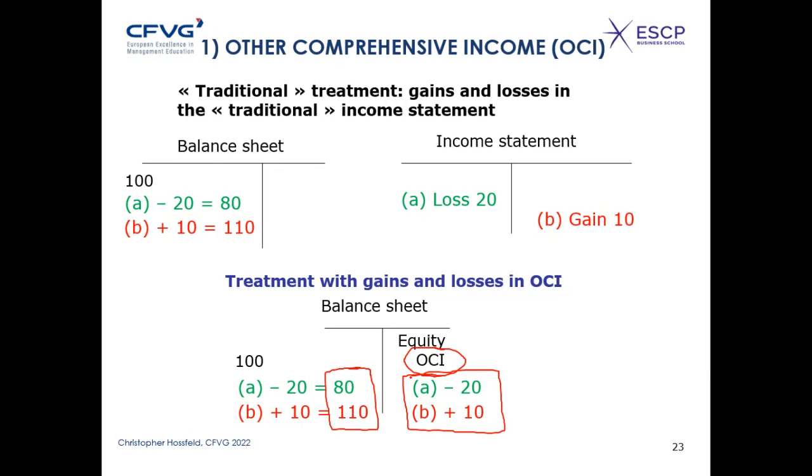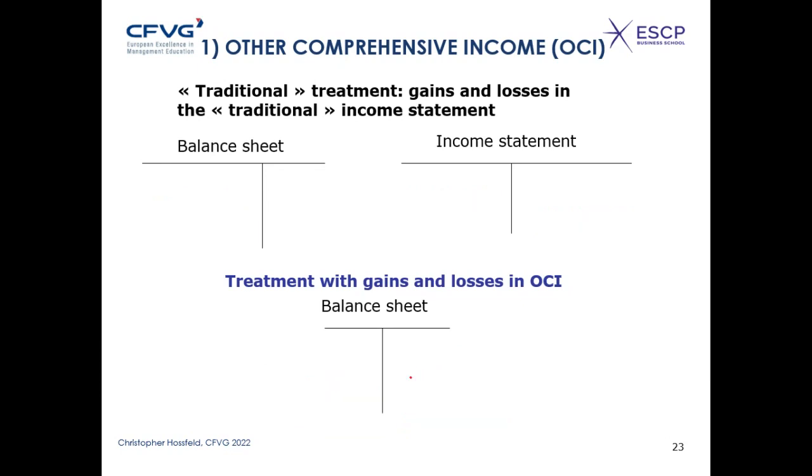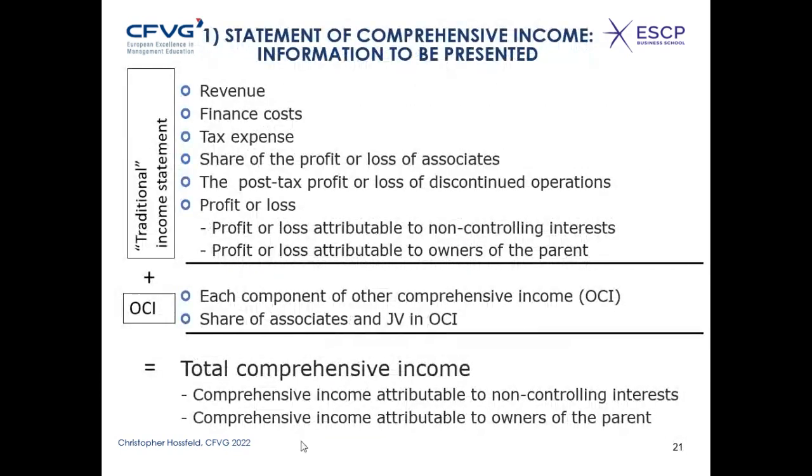That means we have certain gains and losses that are not put in the income statement. They are put in equity directly in a line that is called other comprehensive income. So we have profit out of the income statement plus OCI equals what is called total comprehensive income, what we have on the previous slide.